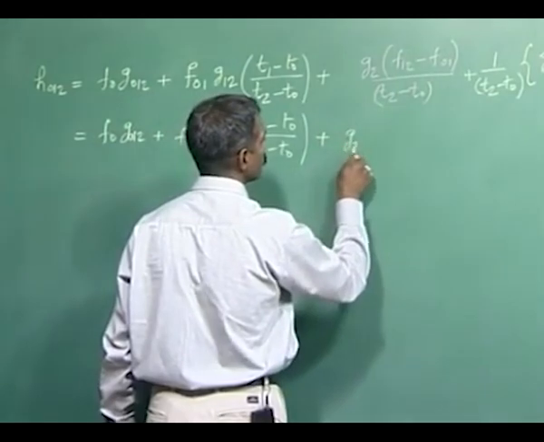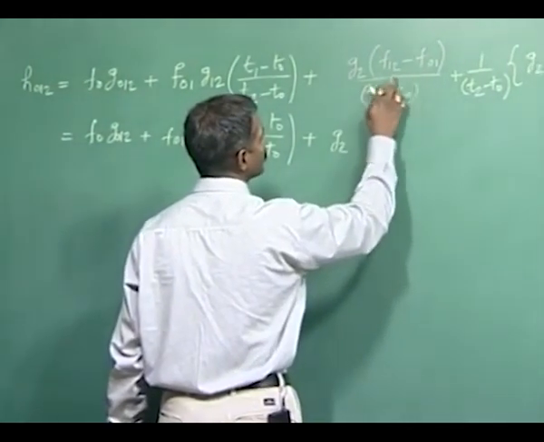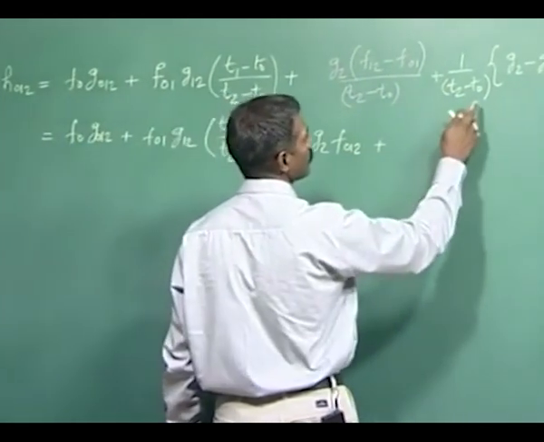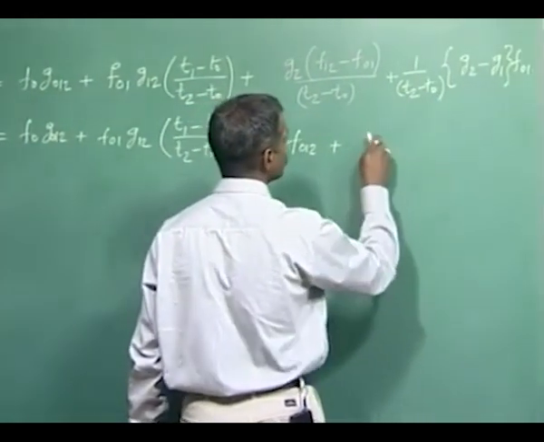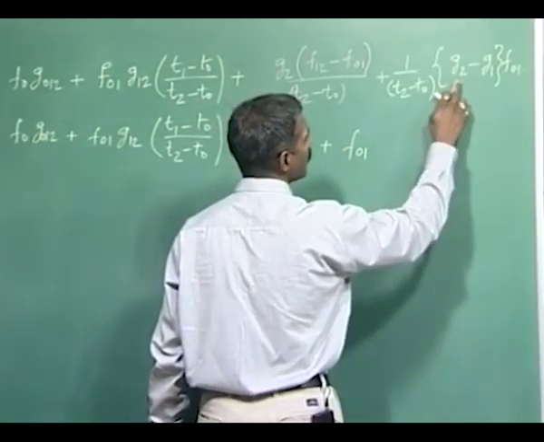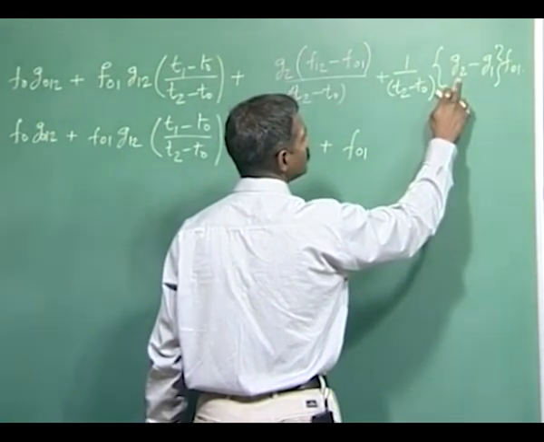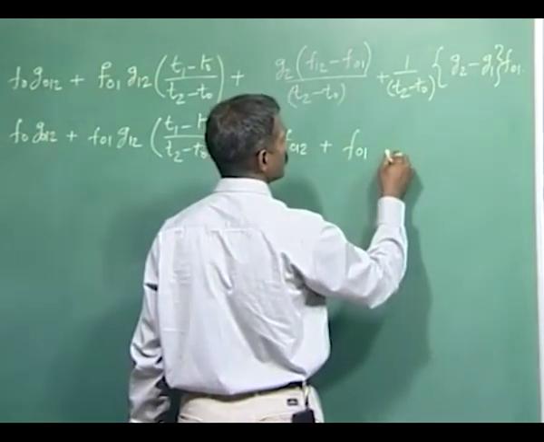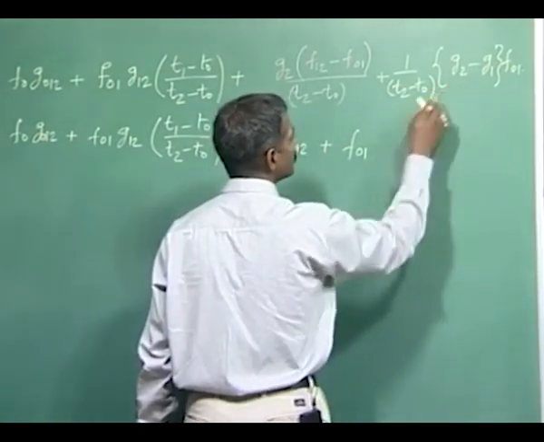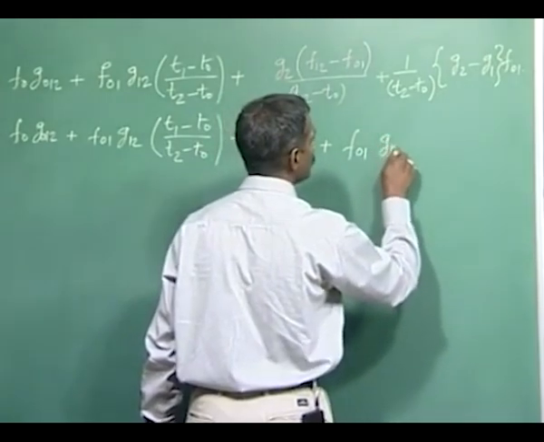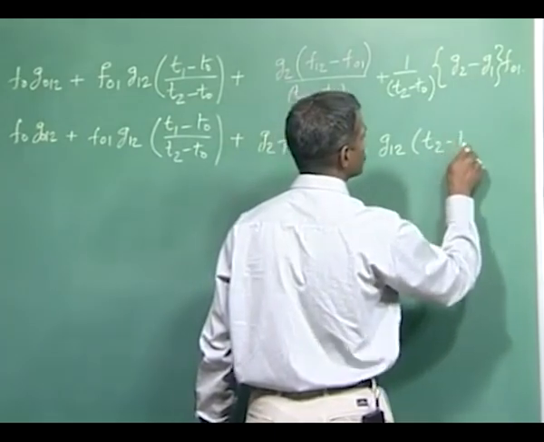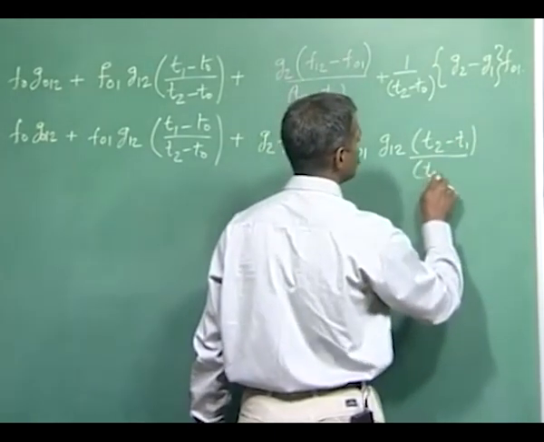This is G2 times the second divided difference in F, F012, plus, I can simplify this further. I can multiply and divide by T2 minus T1. When I do that and simplify a little further, this would be G12 times T2 minus T1 over T2 minus T0.